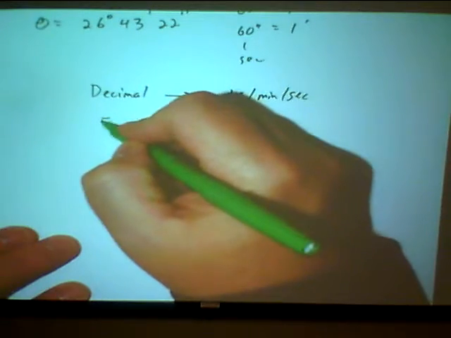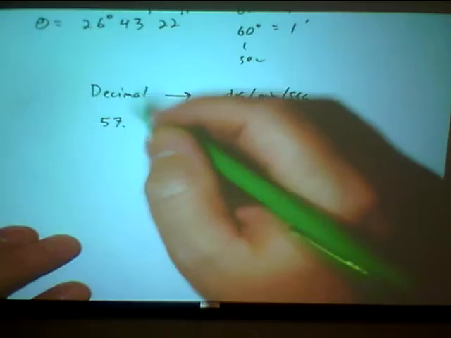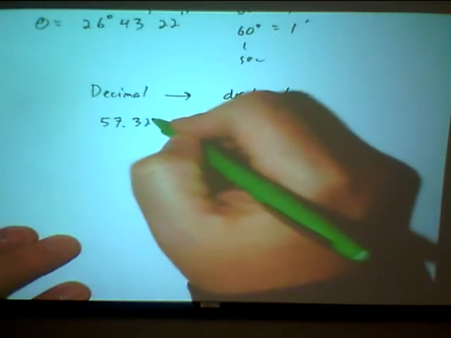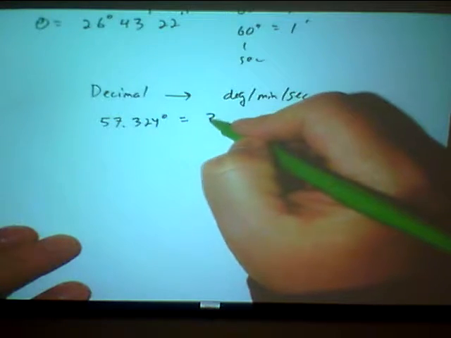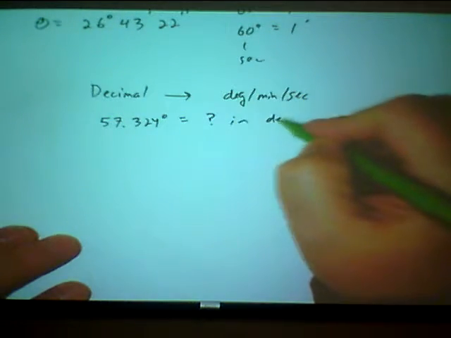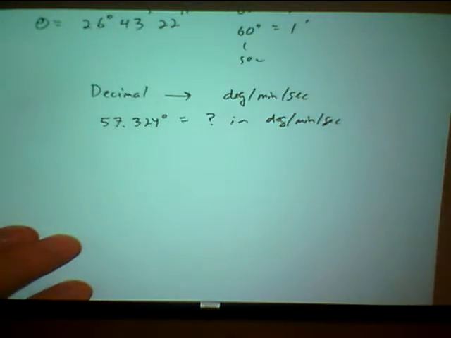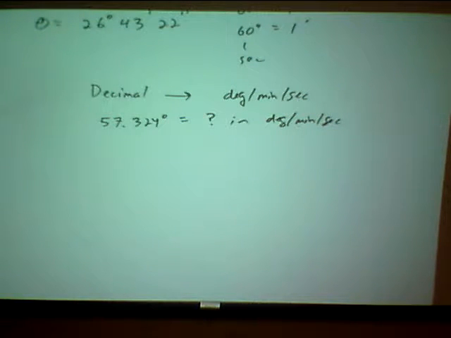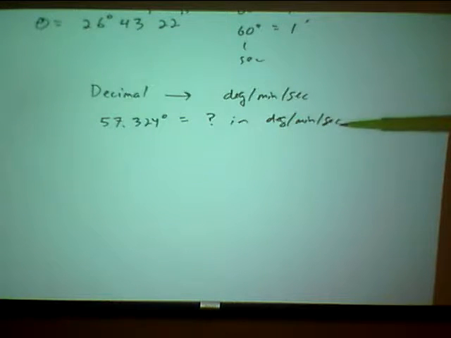Here's an angle, 57.324 degrees. I want to know what that angle is written with my units being degrees and minutes and seconds. Originally it's just degrees written as a decimal. Now I want to convert it to degrees, minutes, seconds.